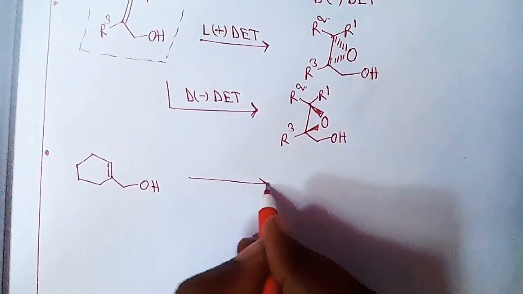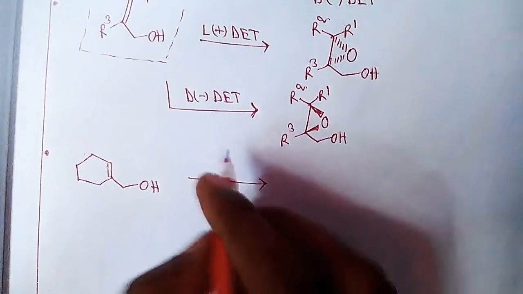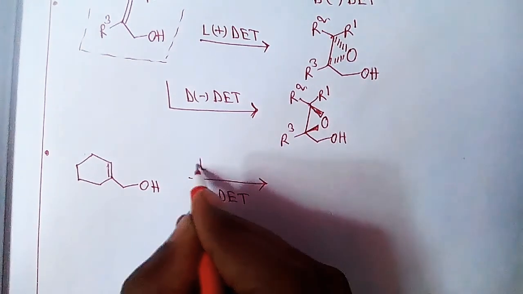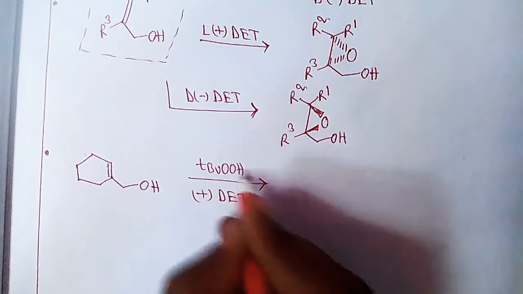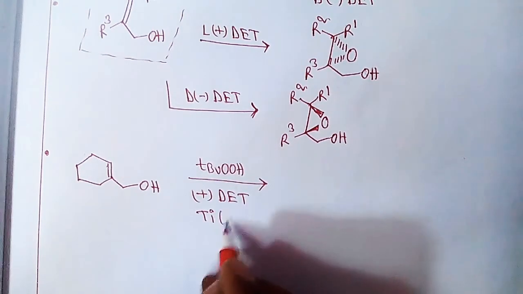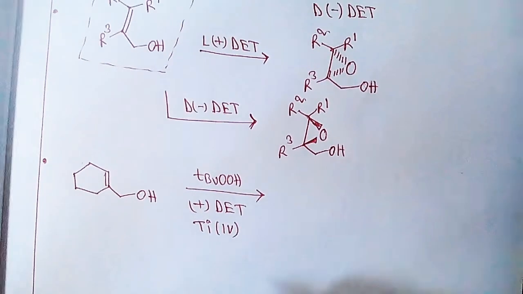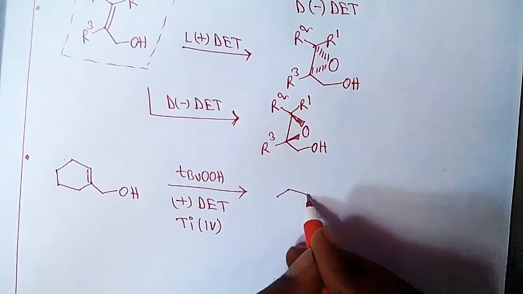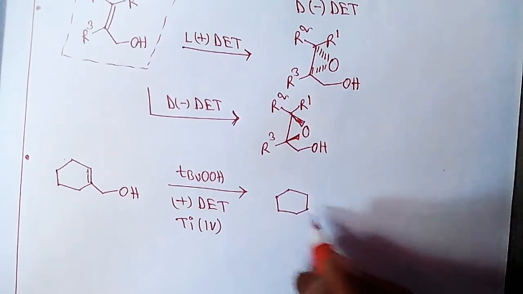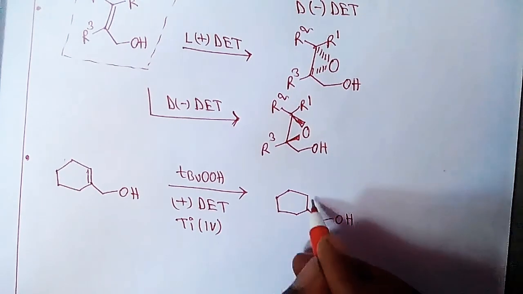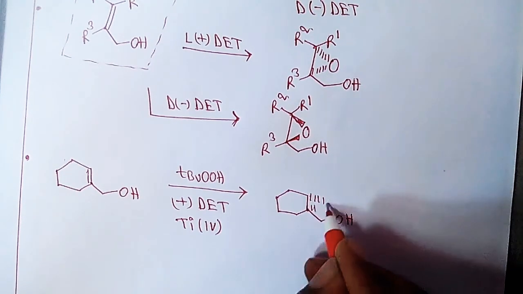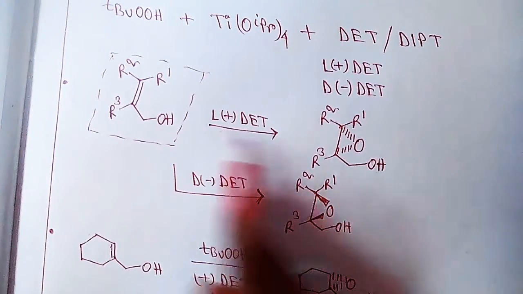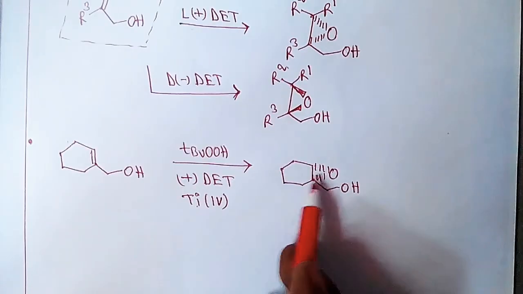If you use plus DET in the presence of tertiary butyl hydrogen peroxide and titanium(IV), then the reaction will occur from the below side. L plus DET, from the below side.